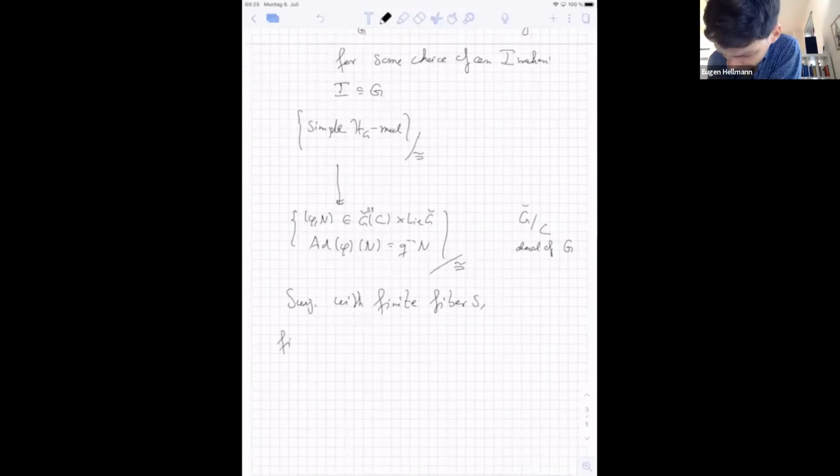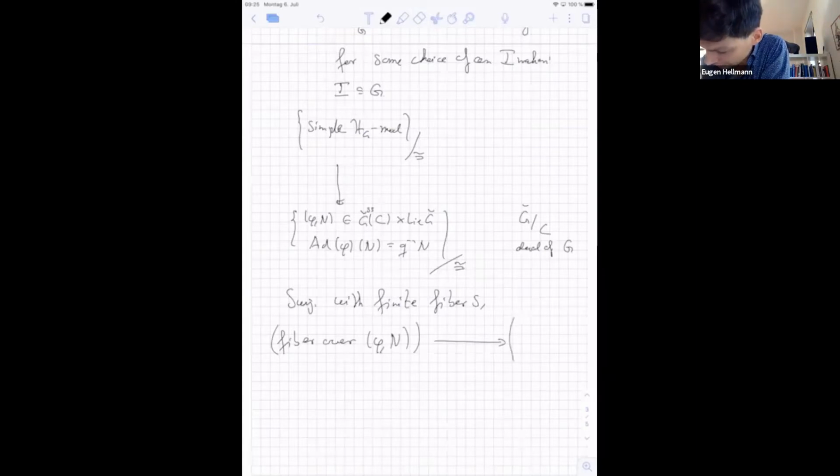In fact, you know that the fiber over a point phi n is related to the set of irreducible representations of the centralizer of the pair phi comma n.